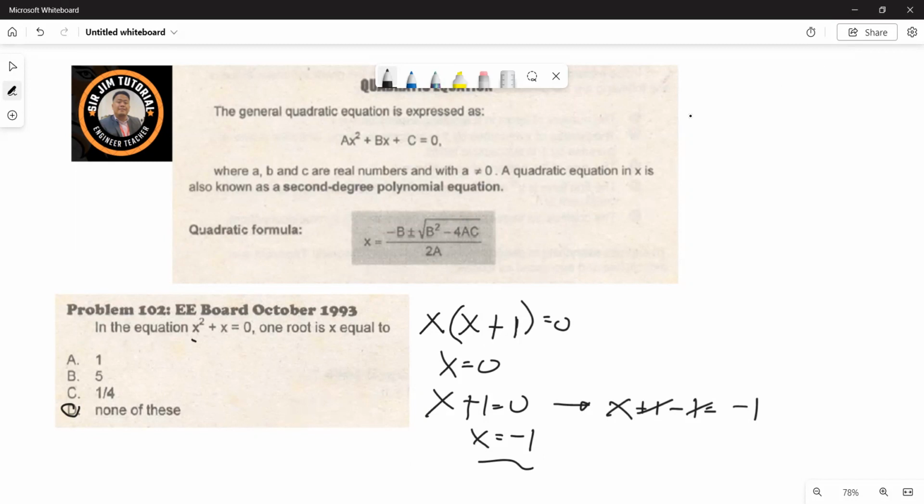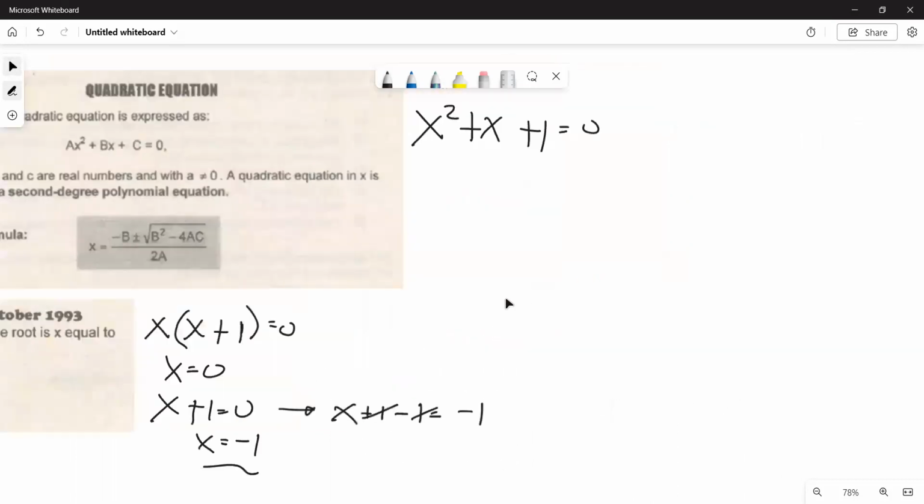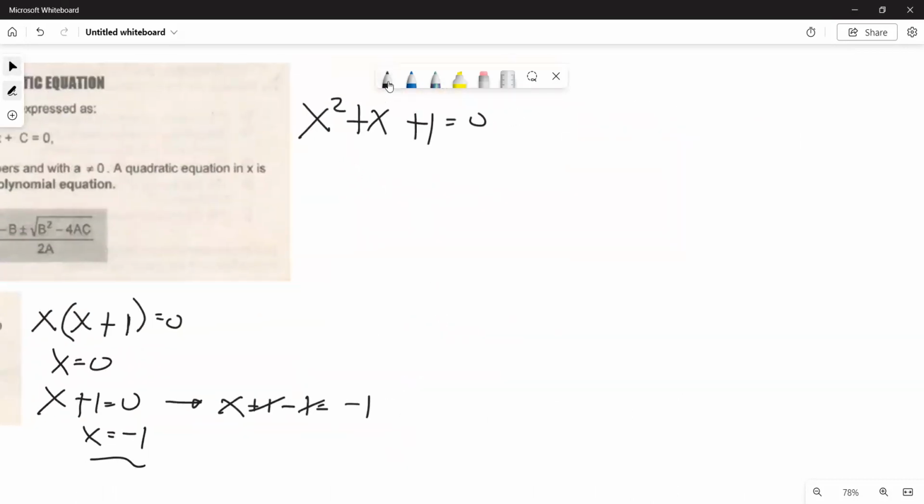If you have x squared plus x plus 1 equal to 0, you cannot do factoring. Let's try to factor if you can find it. You have x times x, that becomes x squared.